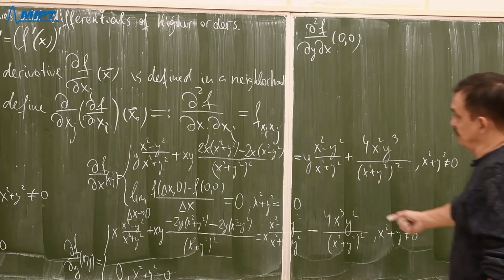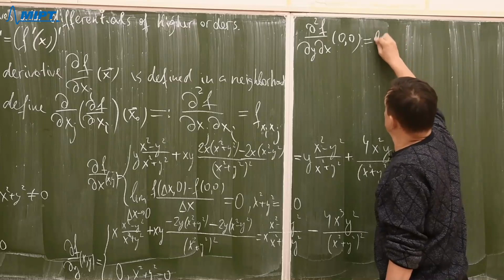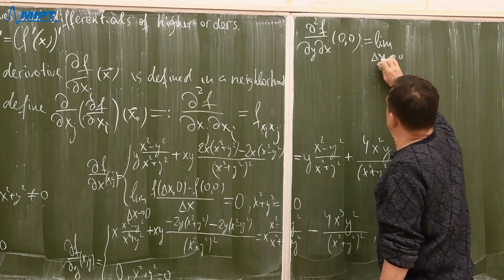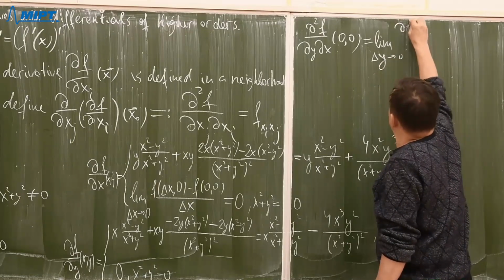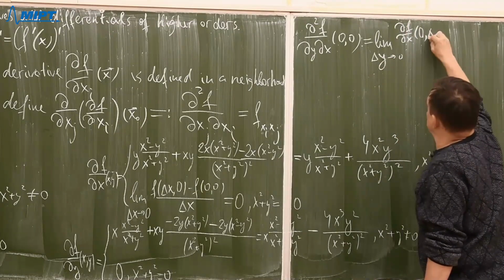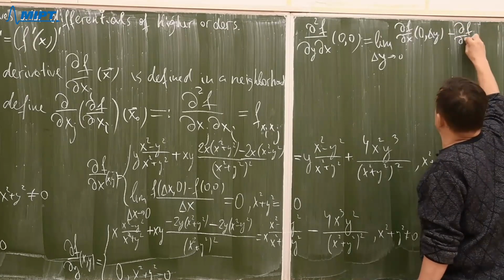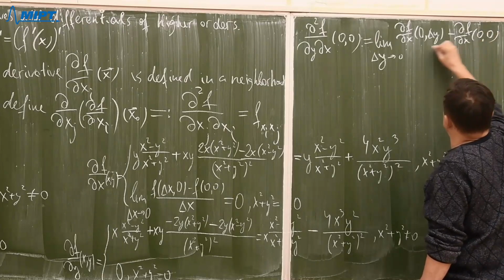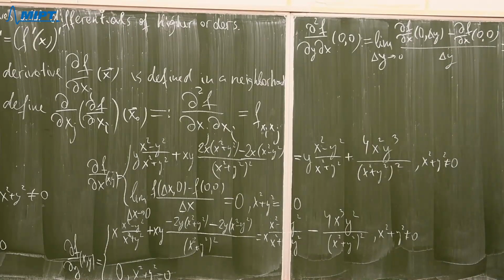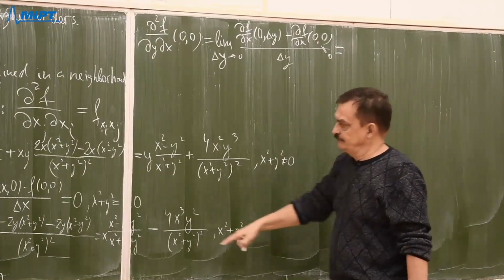I take this partial derivative, and by definition, that is the limit as delta y tends to 0 of the partial derivative of f with respect to x at (0, delta y) minus the partial derivative of f with respect to x at (0, 0), over delta y. So that is 0, 0 here.